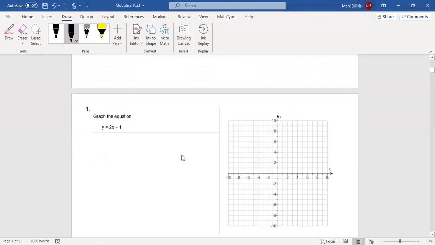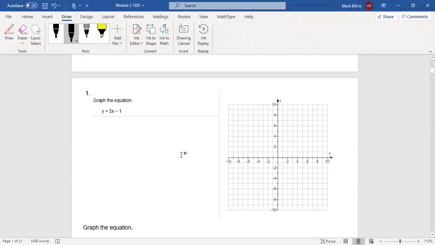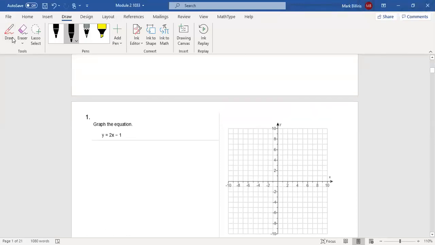Okay, let's start by graphing an equation y equals 2x minus 1. So we're going to graph this using slope-intercept form. So we're going to start by writing our slope.